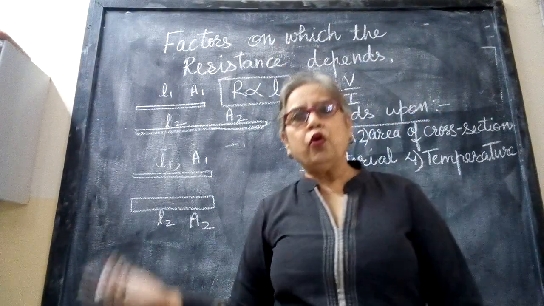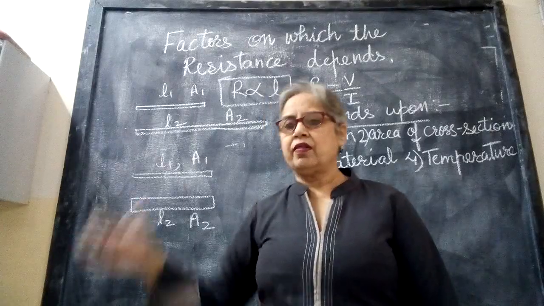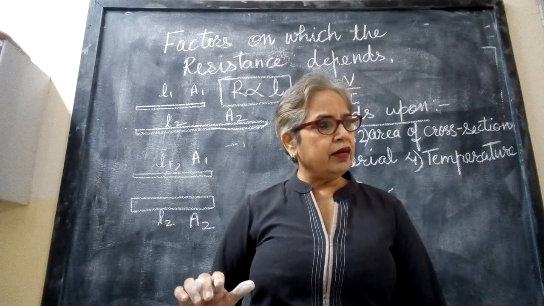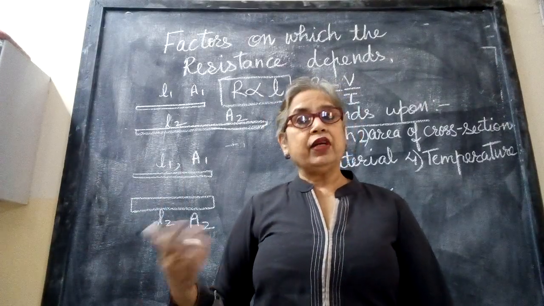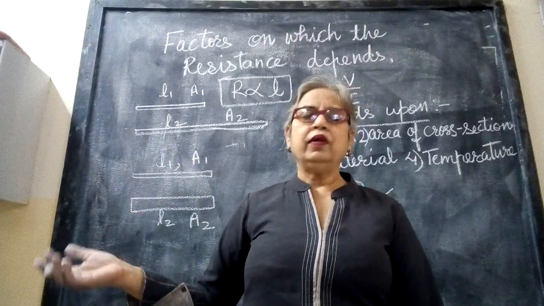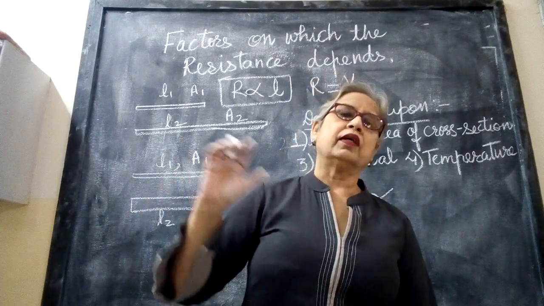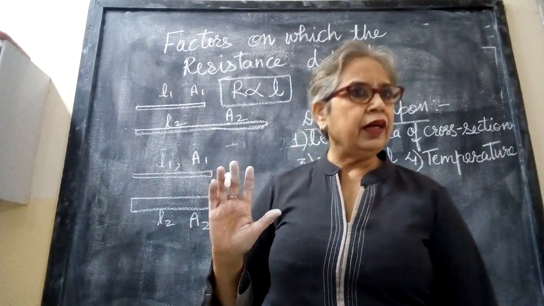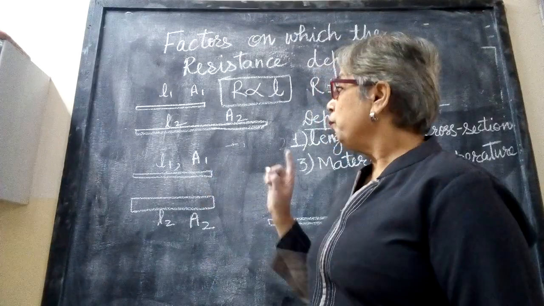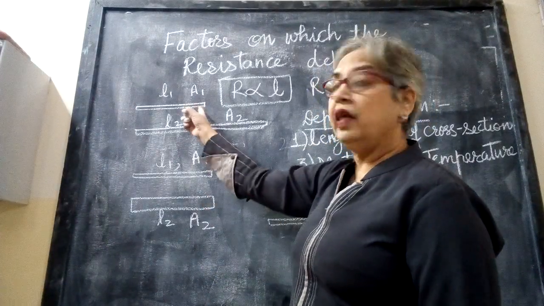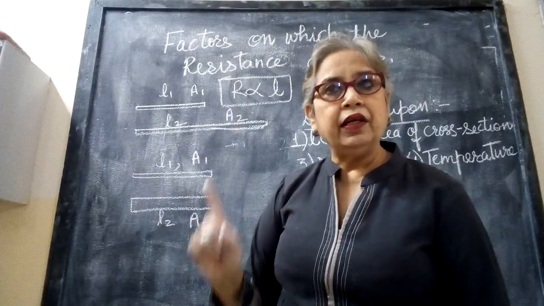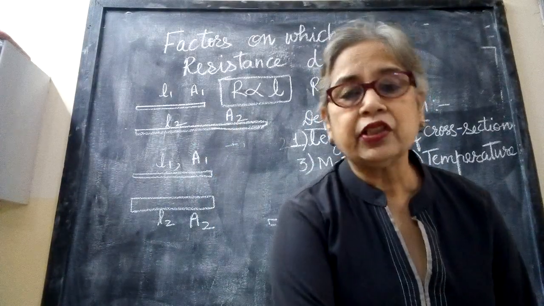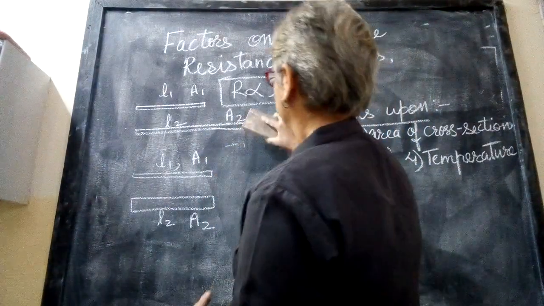That is, more the length, more the resistance, less the length, less the resistance, and hence if the resistance is less, current is more, and if the resistance is more, the current is less. Okay, is this clear? But provided the area of cross section, material and temperature remain the same.